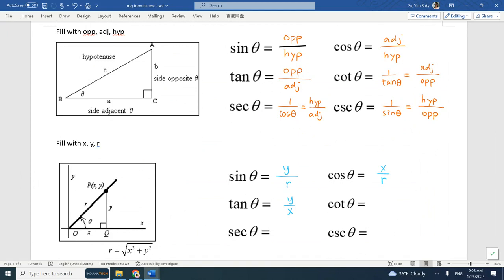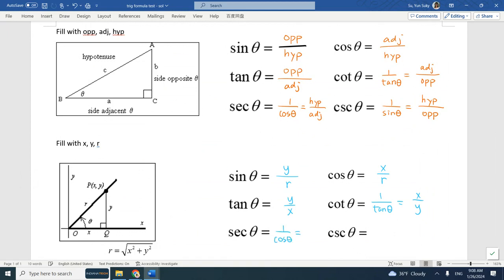Cotangent theta. x over y, because that is the reciprocal of tangent. Secant is the reciprocal of what? Cosine.